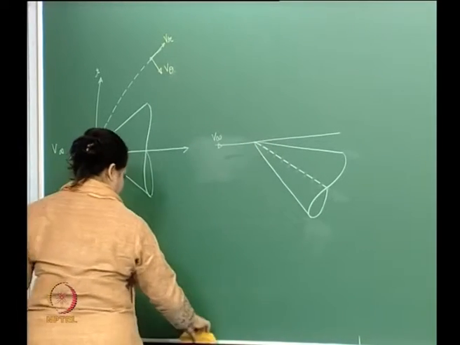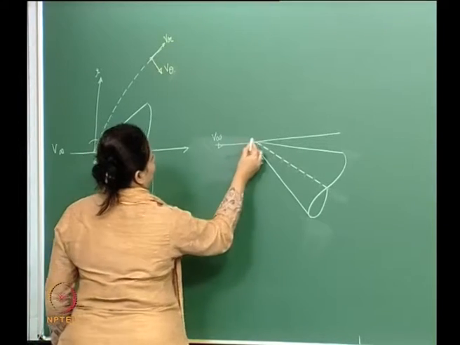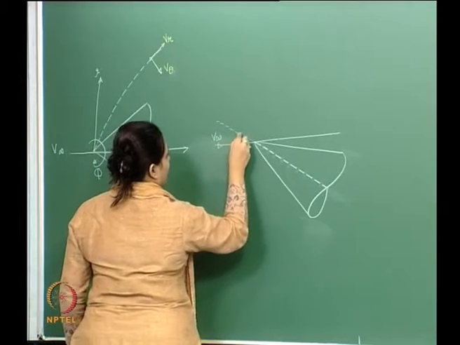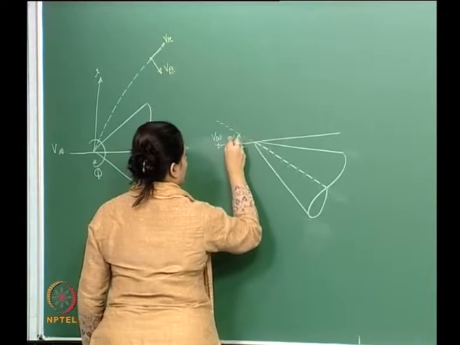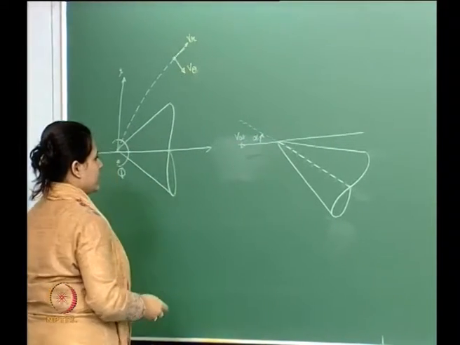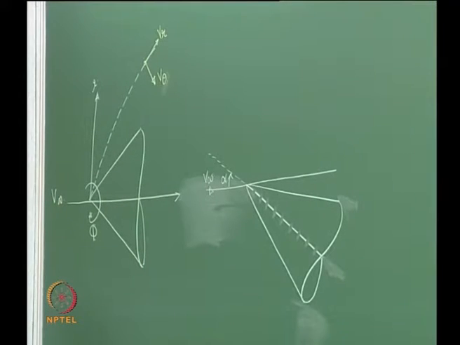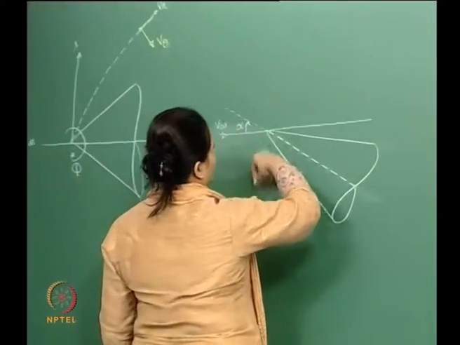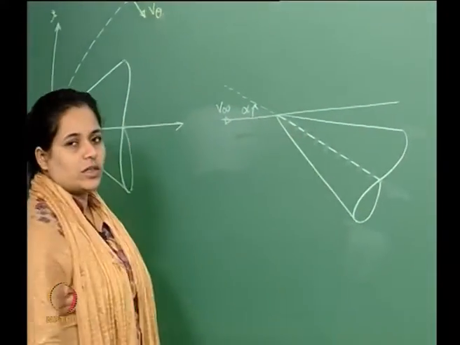This is my z axis, and this is my angle of attack. So, this is how it looks at this point in time. Again, I have shock waves and so on and so forth.